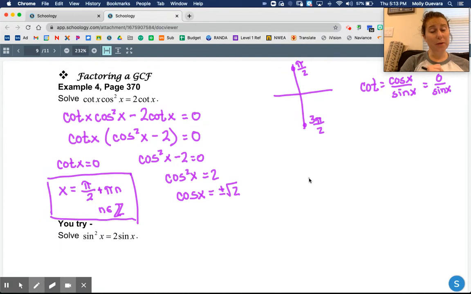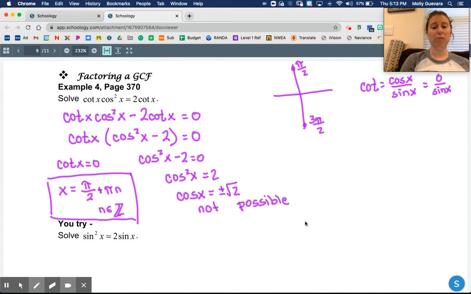Not square root of 2 over 2, just square root of 2. And here, this is not possible. You don't always have one that's not possible, but very frequently you have one that's not possible. So this is just not possible. So then your only answers would be pi over 2 plus pi n.